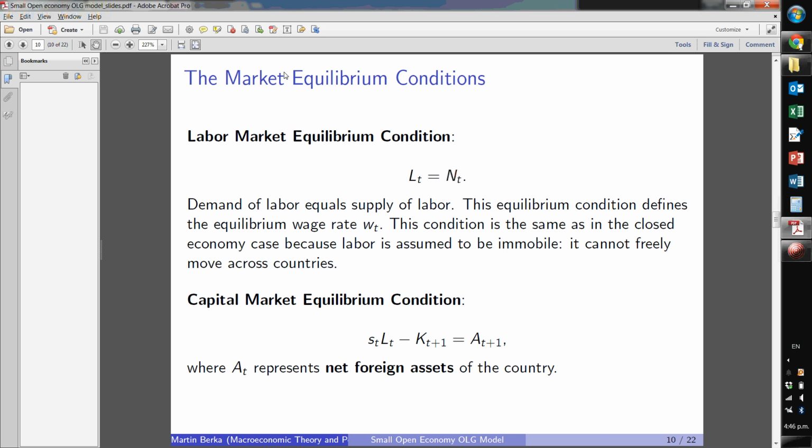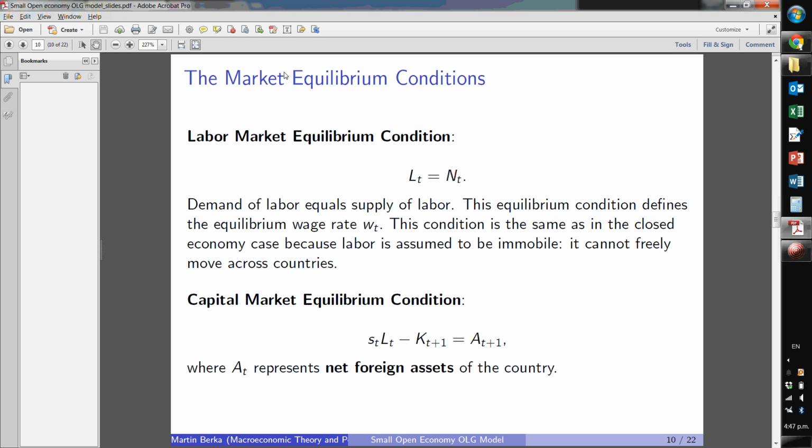The capital market equilibrium condition: now we allow the country to borrow and save amounts that differ from the demand. So supply and demand of funds, of capital stock, need not be equal, as was the case for a closed economy, and consequently there may be a difference between the two.